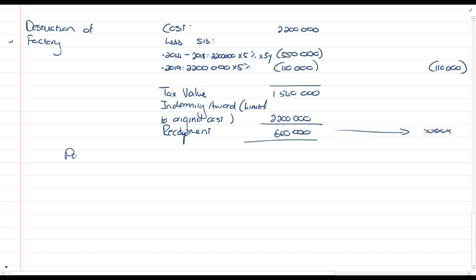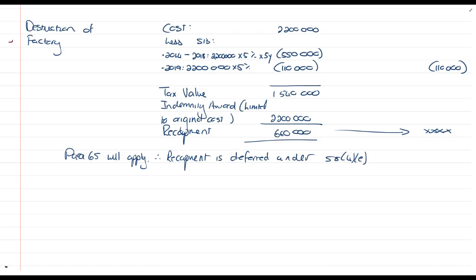Why? Paragraph 65 will apply. So thus the recoupment is deferred under section 84E. Okay, because remember that section 84E applies if paragraph 65 or paragraph 66 applies. So we do not include it over there. That's what we're doing. So I want you to see nothing for now. See below. Okay, we're going to work on it below.